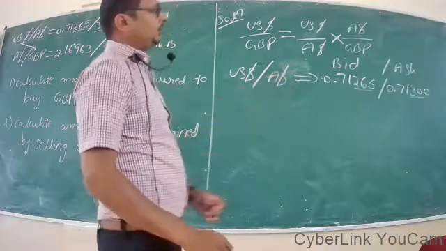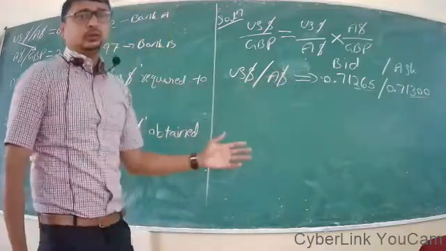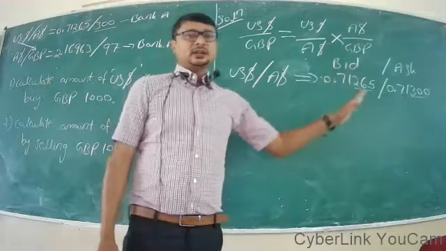So 0.71300 is greater than 0.71265. Ask price is always greater than bid price.